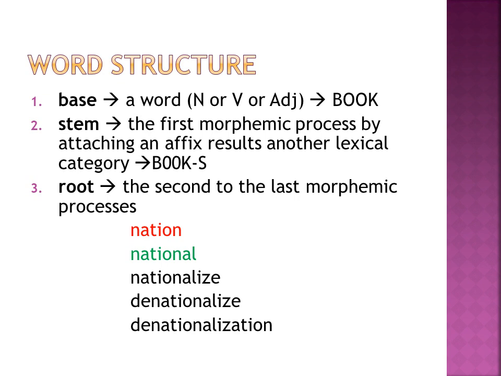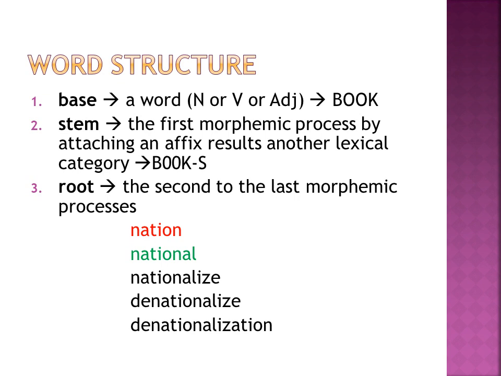The example would be like this one, book. So what is the second one? The second one is stem. What is stem? The first morphemic process by attaching an affix results in another lexical category. So when you attach s here, it belongs to stem.